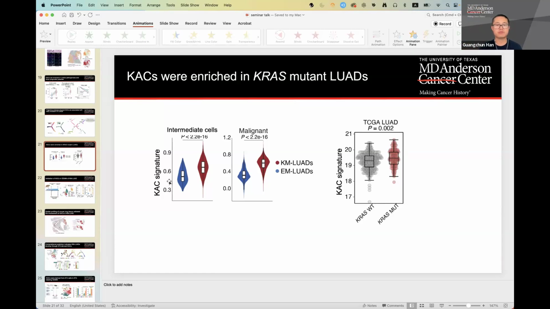We want to capture more cells coming from both groups, sorry, not malignant cells, the CAC cells. We want to capture more by accumulating more sample size. And then we also want to investigate the cellular level features at different layers, for example, the epigenetic layer.